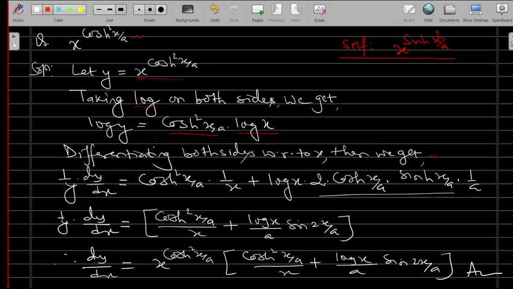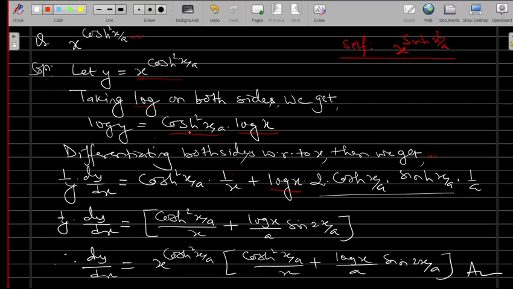Then we get 1 by y dy by dx equals first no change, derivative of second, the derivative of log x is 1 by x, plus second no change, log x is no change, then the derivative of hyperbolic cos square x by a.